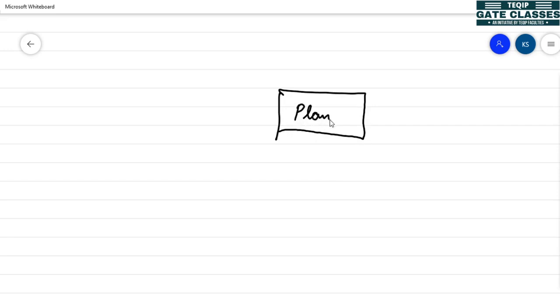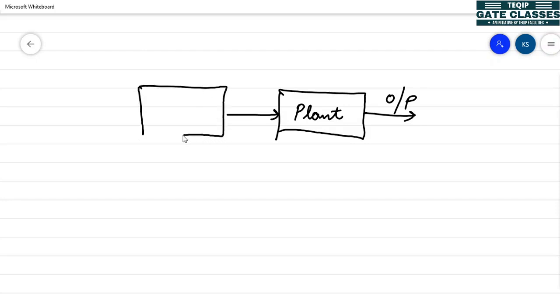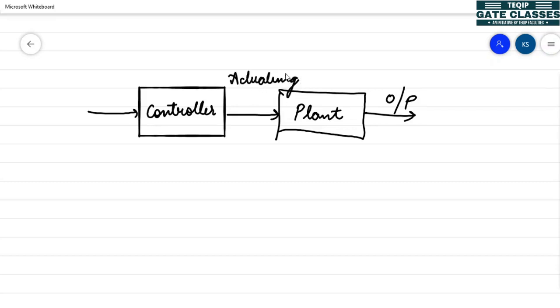This is a plant and we are taking output from the plant. A controller is connected which is giving actuating signal to the plant based on the reference input.